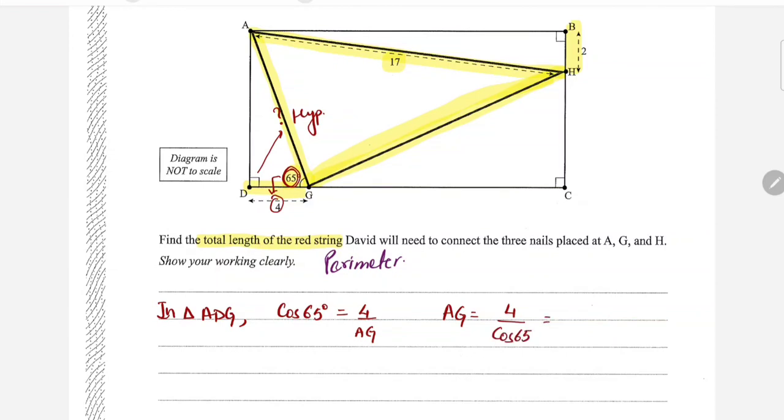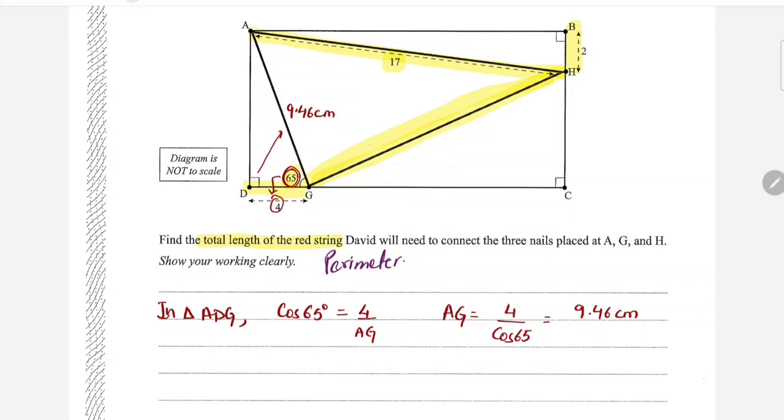Put that into the calculator and that should give you the value of AG. It will give you 9.46 centimeters, and that is your AG. So this length here is now 9.46 centimeters.